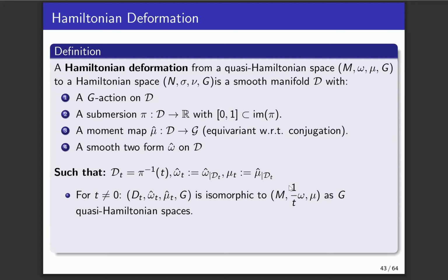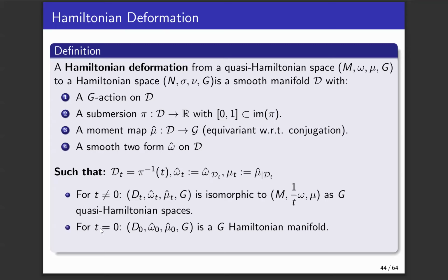At this time, it's not the original M, but we take omega, the quasi-symplectic 2-form, and we multiply it by 1 over t. So each fiber of our manifold D is isomorphic to M with this new quasi-symplectic 2-form as a G quasi-Hamiltonian space.